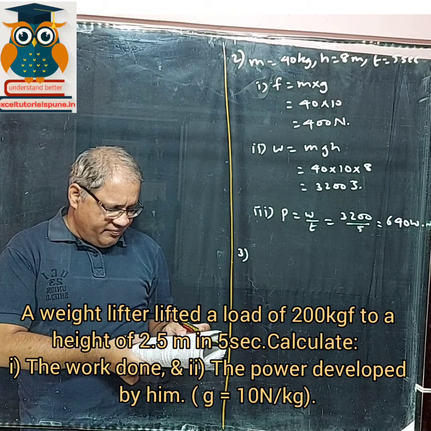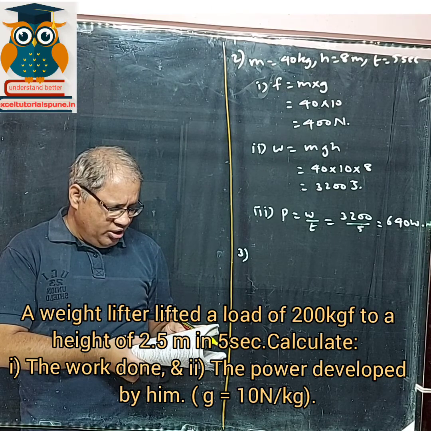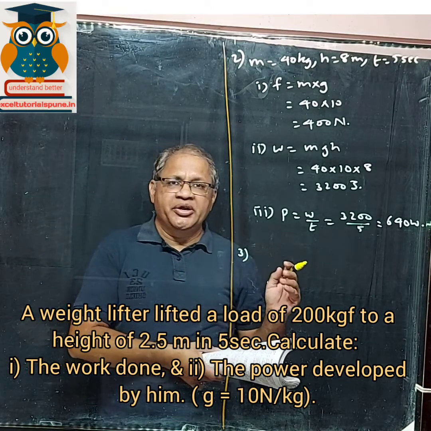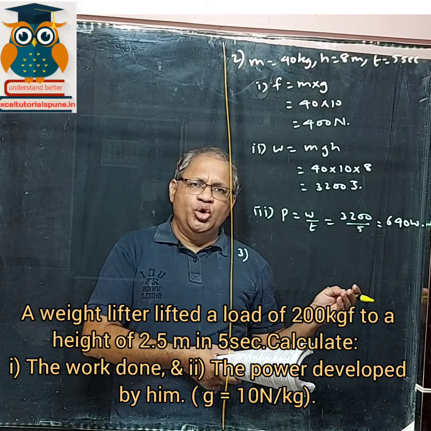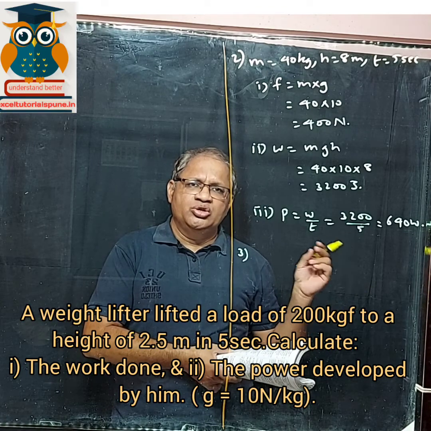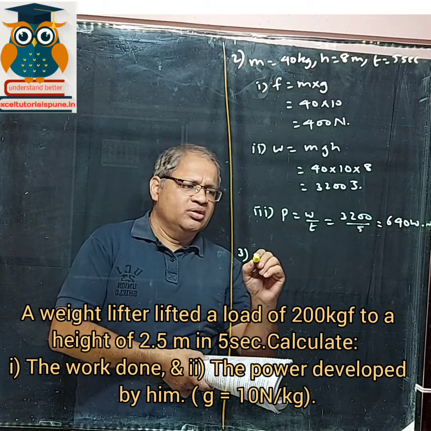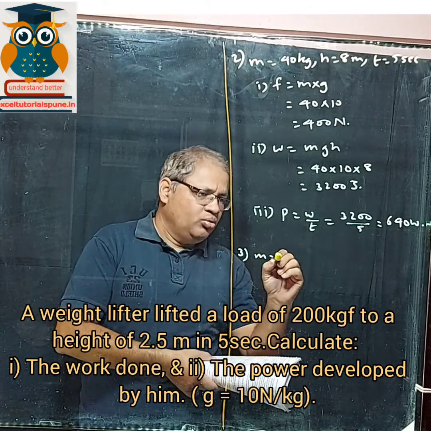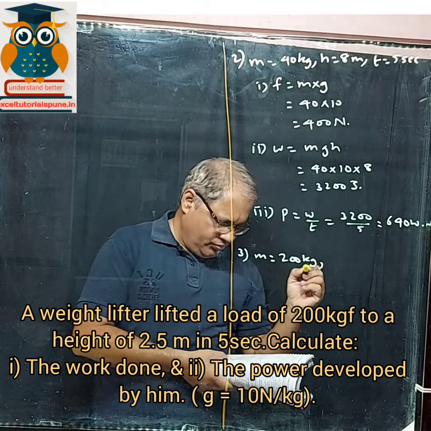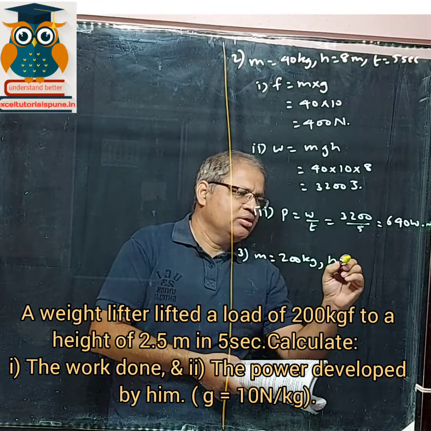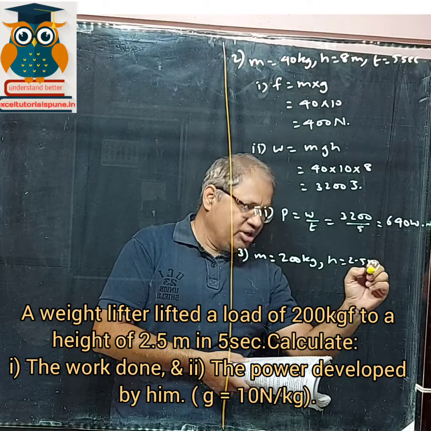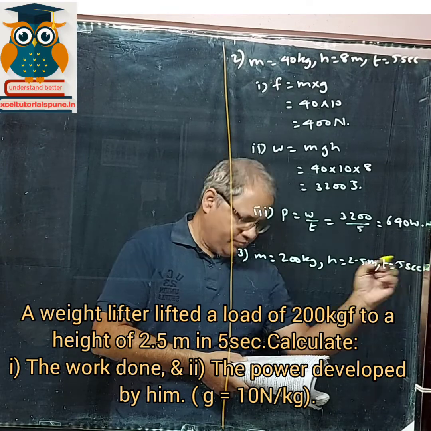Then the weightlifter lifts a load of 200 kgf. Now 200 kgf, even though it is said load, since it is not in Newton, it is mass. So if it is given in kgf, it is the mass. So mass is 200 kg. Height is 2.5 meter. Time is 5 seconds.